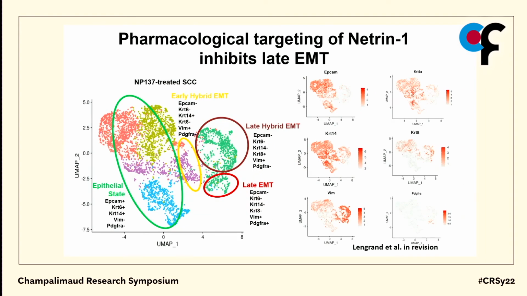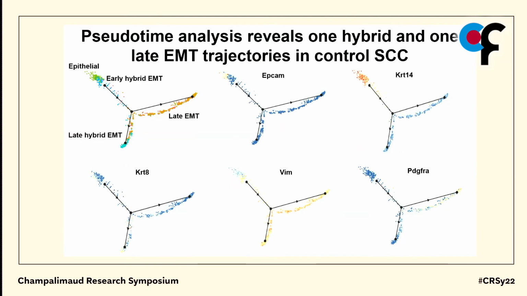Interestingly, when we treated the tumor cells with anti-netrin antibodies, we found that there was a very distinct tumor state identified by single-cell transcriptomics, and there was essentially an epithelial state, an early and late hybrid, but very little of the late EMT state. And when we performed lineage trajectory analysis, we found, as Bob Weinberg recently reported, that there are two lineage trajectories during EMT, one that leads to the late hybrid EMT and another lineage trajectory that leads to the late pure EMT population.